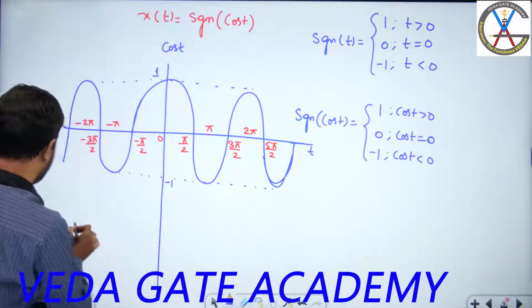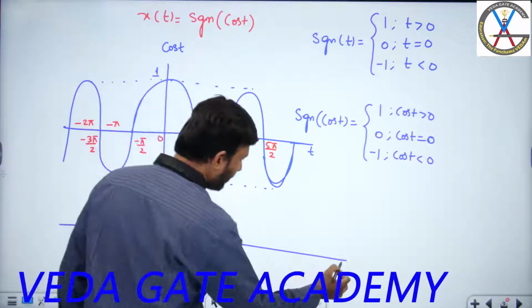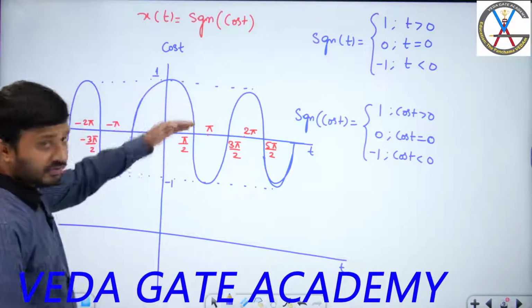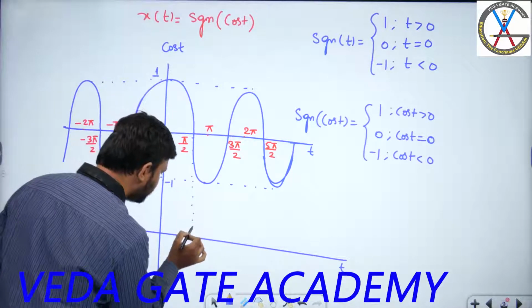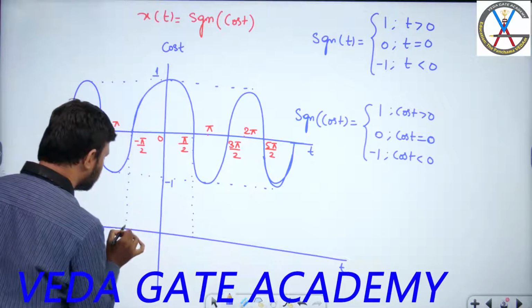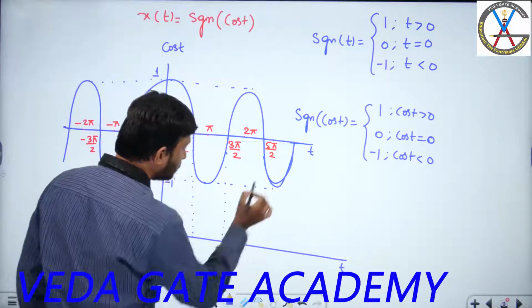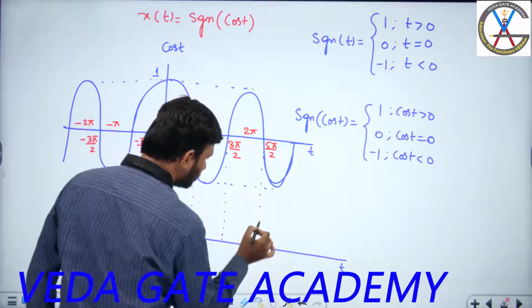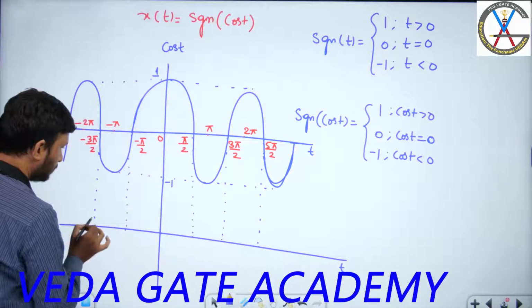In order to draw signum of cos t, I will be projecting the top values to the bottom, like this.